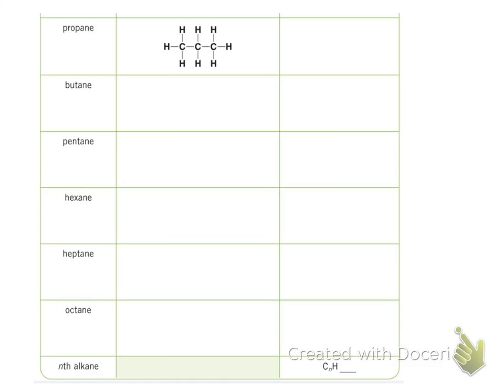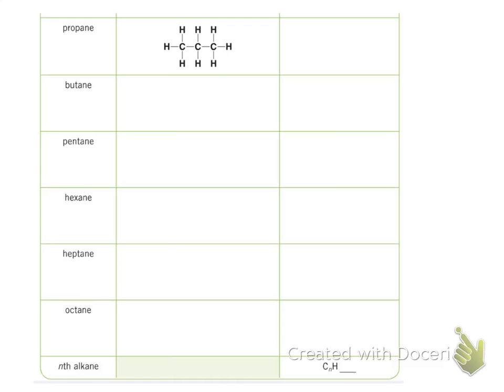Number 1, write the formula for the first 4 alkanes by first counting the number of carbon atoms and then counting the number of hydrogen atoms in the structural formula, and writing these counts as subscripts on the atom symbols. The first 3 have been done as an example. Draw pictures for the rest of the alkanes in the table and write their formulas.